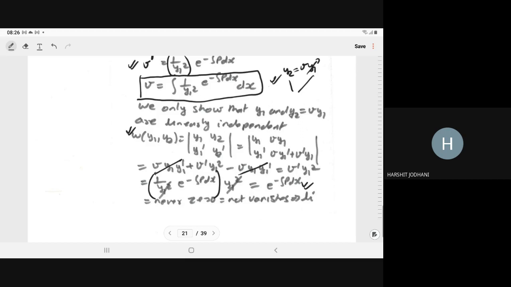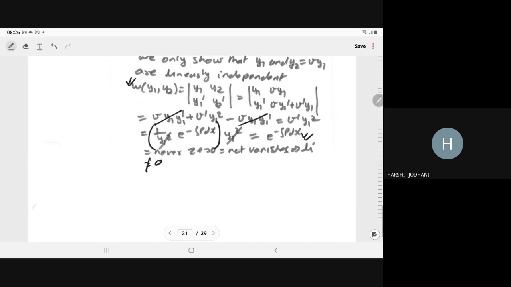If W is not equal to 0, then it will be linearly independent. Clear? Here W is not equal to 0, which implies y1 and y2 are linearly independent. When linearly independent, you can write that c1 y1 plus c2 y2 is the general solution.